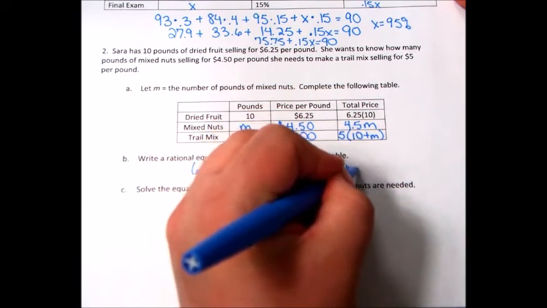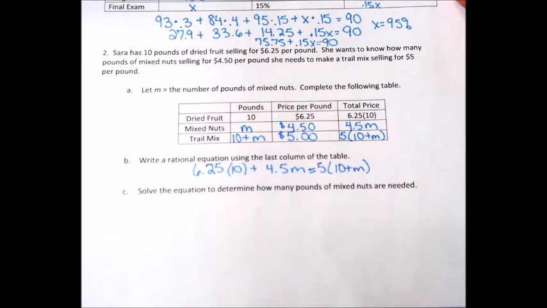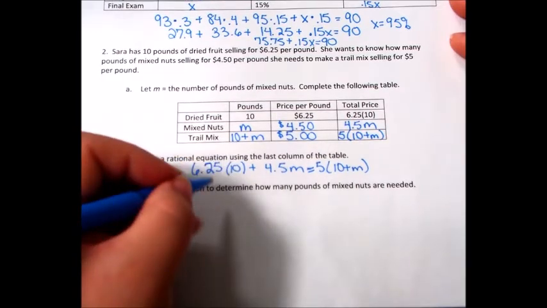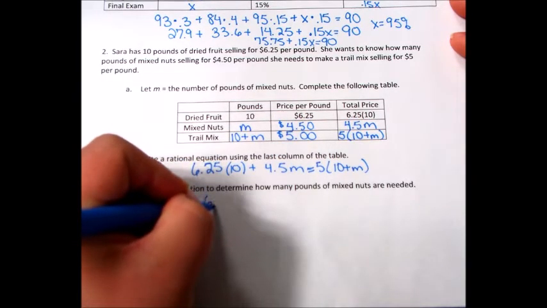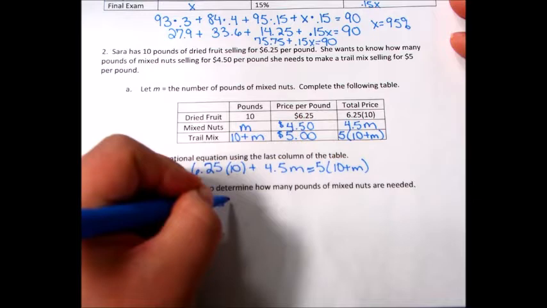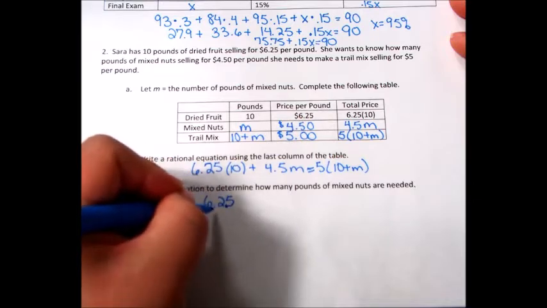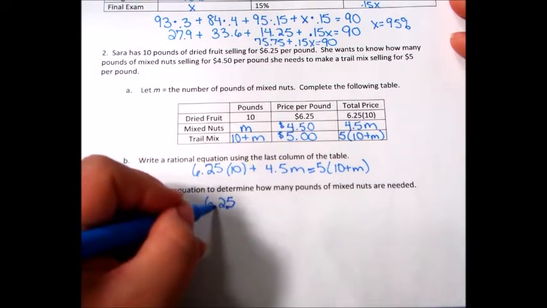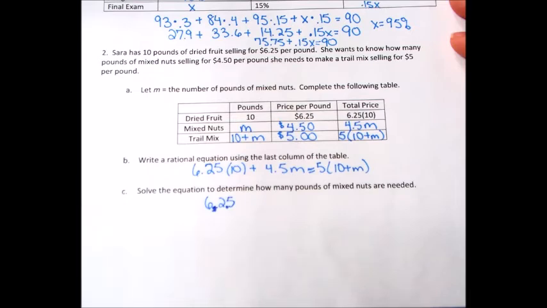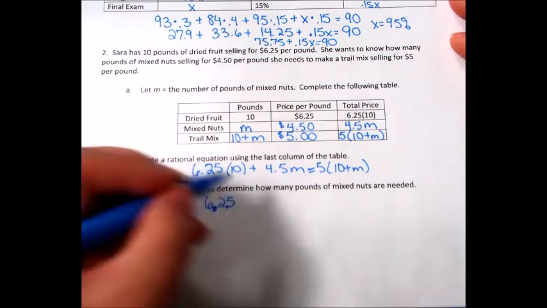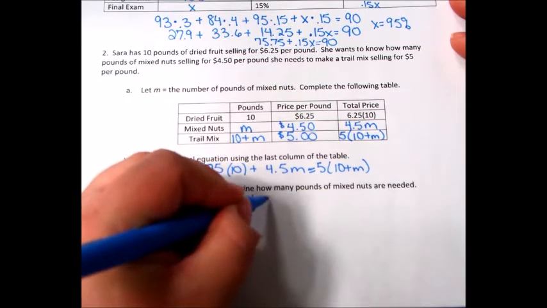So now let's solve the equation to be able to figure out what is the amount of pounds of mixed nuts that she needs. So 6.25 times 10 gives me 62.5. Whoops, just 62 there. That's not a decimal. 62.5 plus 4.5 M equals, and distribute your 5.